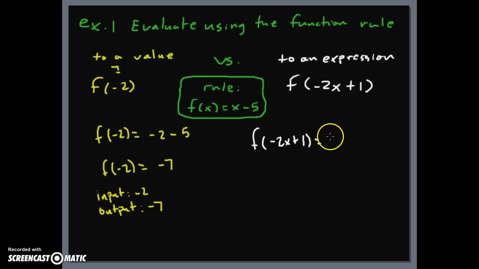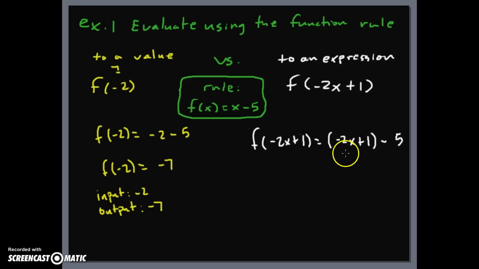We've only got one x here, so we're going to put in negative 2x plus 1 for the x, close the parentheses, and minus 5. And when you put in expressions, the rule of thumb is to use parentheses because you might have some distribution you may have to do in some examples. So now we're just going to simplify this.